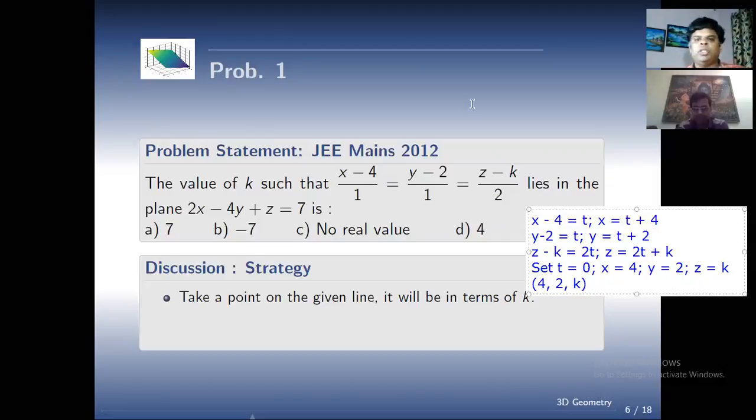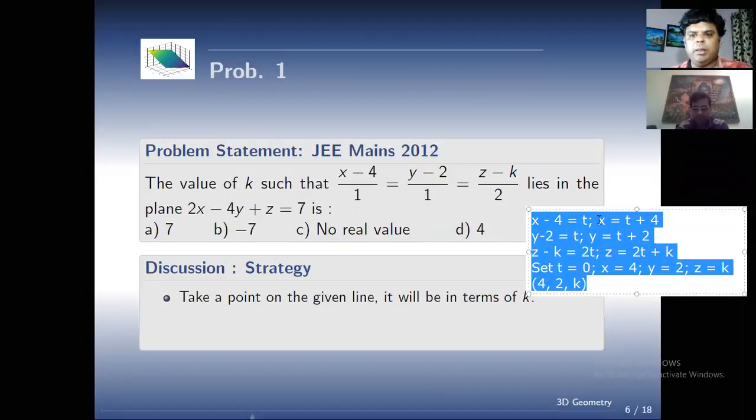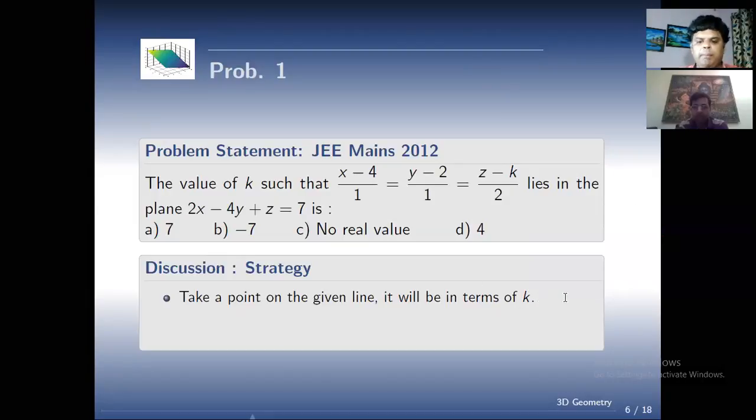So the strategy for solving this problem will be: take any point on the line. It will be in terms of k.